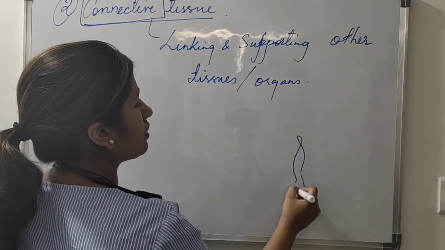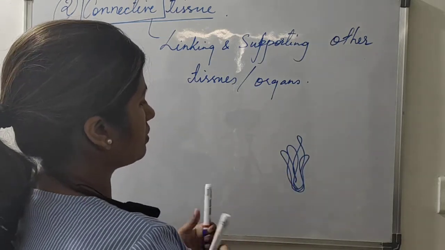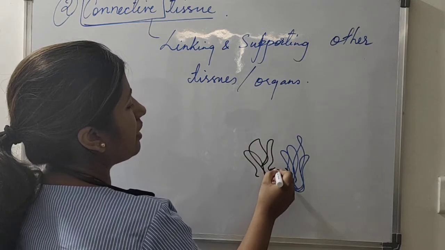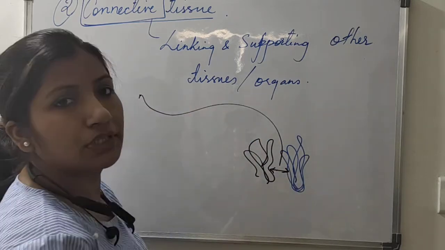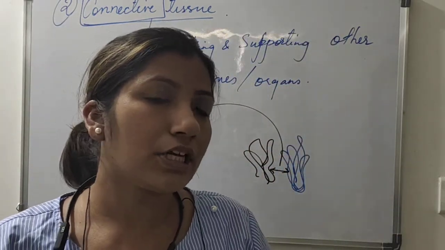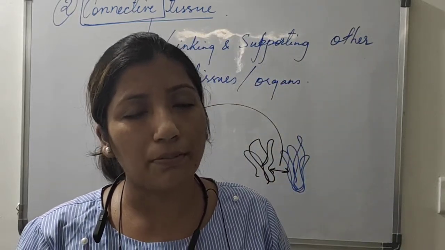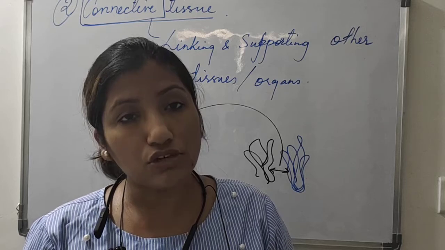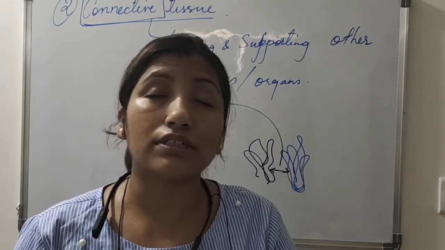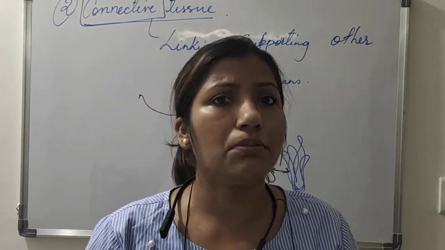If this is one organ or tissue, and there is another tissue or organ here, they will be linked by connective tissue. How is our lungs linked with the heart? Lungs bring oxygen into our body, and this oxygen reaches the heart through the blood.